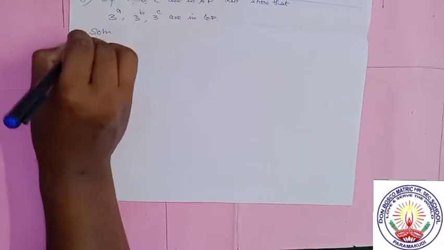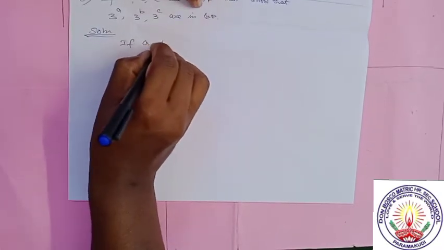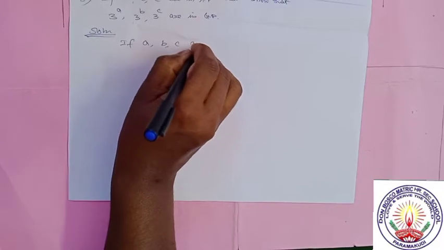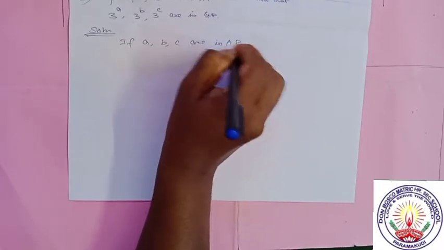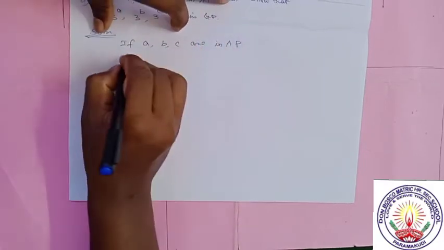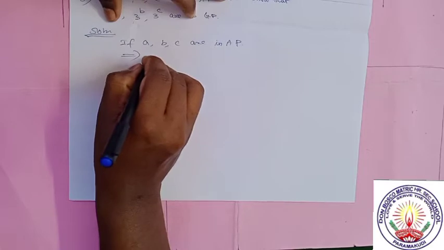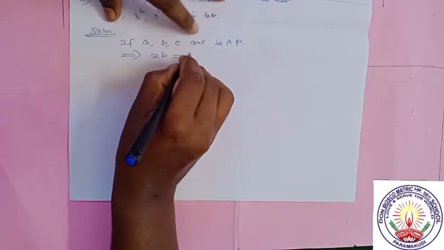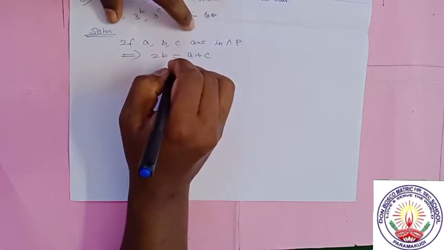So, solution. We have already studied, if A, B, C are three consecutive terms in arithmetic progression, then 2 into second term is equal to first term plus third term.